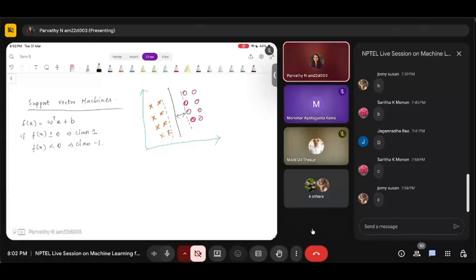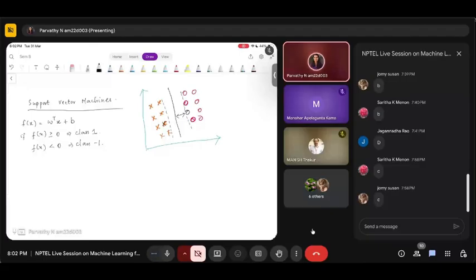Okay. So in SVM, what happens is this margin is the distance from the decision boundary to the nearest training point on each side.